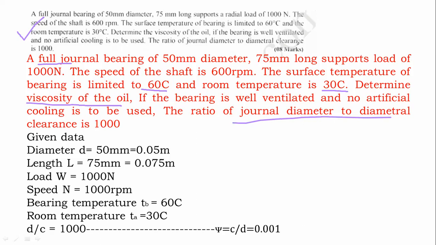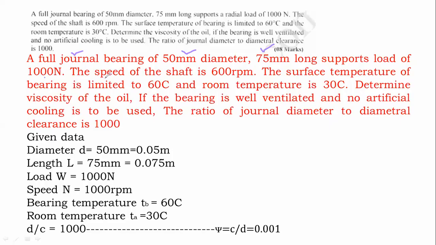So, if you look at the problem, my dear students, we need to design a journal bearing whose diameter is given, length is given, and the load on the bearing is given. The speed of the shaft is 600 RPM. The surface temperature is 60 degrees Celsius, and the room temperature is 30 degrees Celsius.